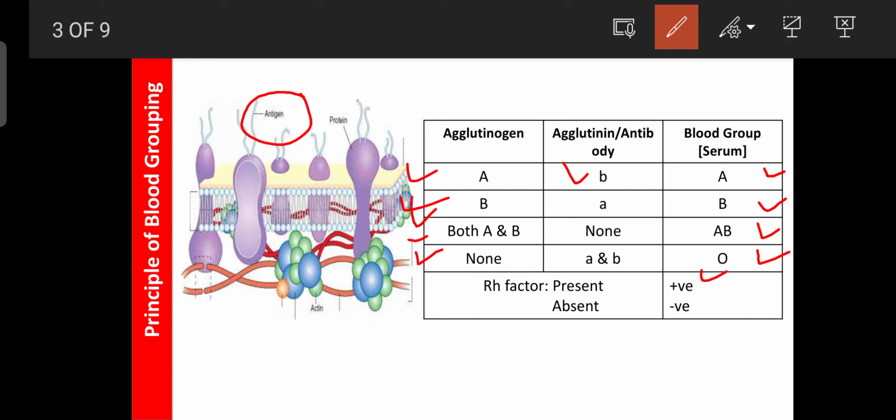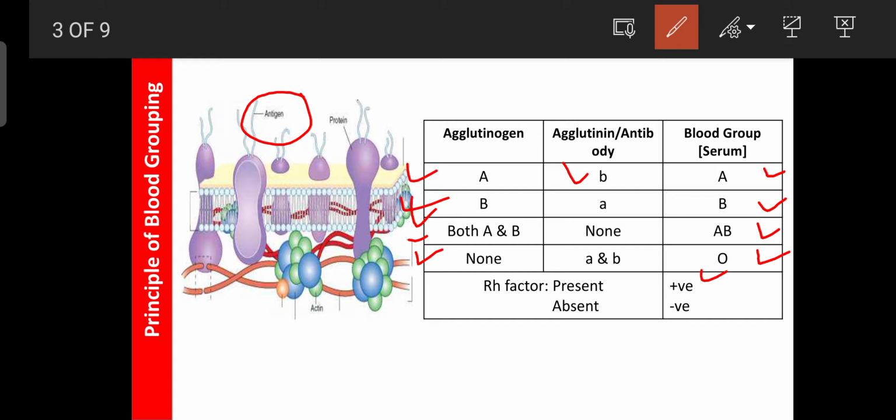Regarding AB, these persons do not contain any antibodies, but they contain both antigen A and B. Due to both antigens, they can donate blood only to the AB blood group.